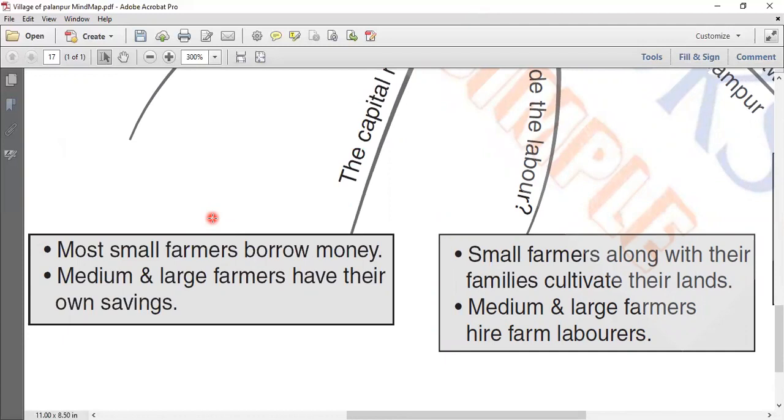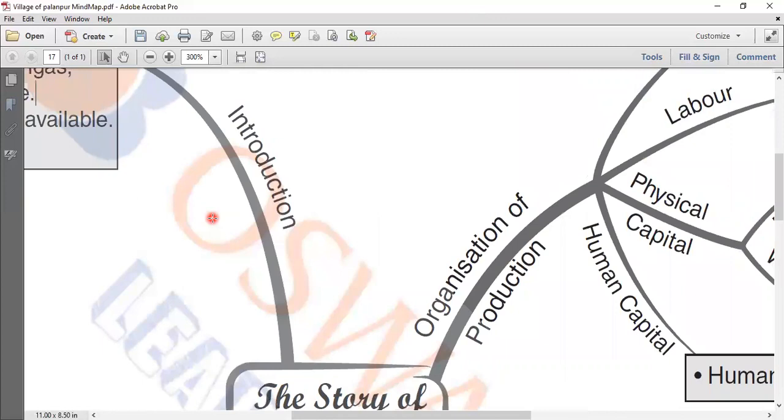B, they don't know the process, they don't know how to go about it. C, they do not trust the banks enough. There are many villages out there who don't trust the banking system. There are so many schemes which are made for them, but I don't think they're correctly implemented. So the capital comes from loans.